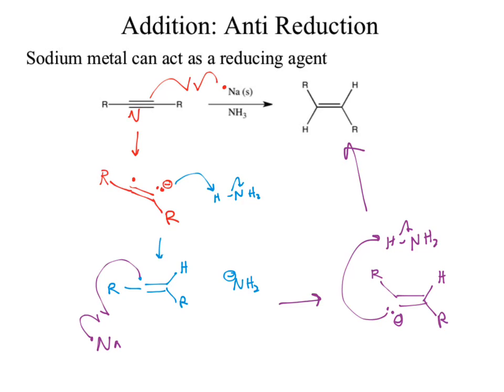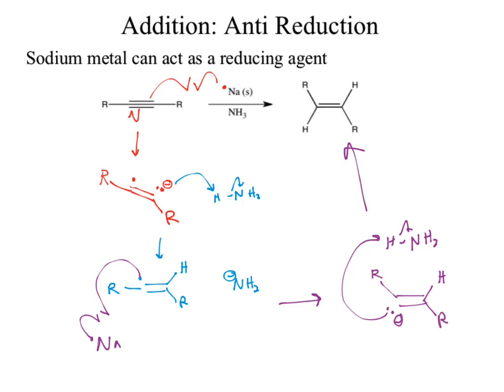We have both a radical and an anion in the same structure. Okay? It's a fun little reaction if you like that kind of thing. Because we're going through each of those intermediates, we've got both radical curved arrows, which we haven't talked about yet, and double-headed normal arrows.